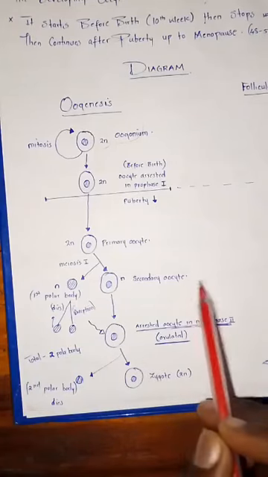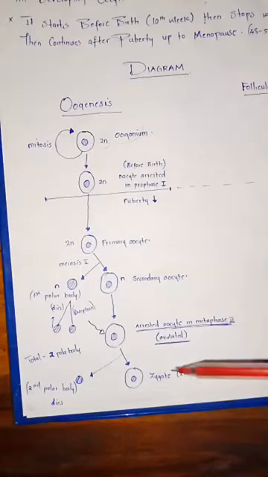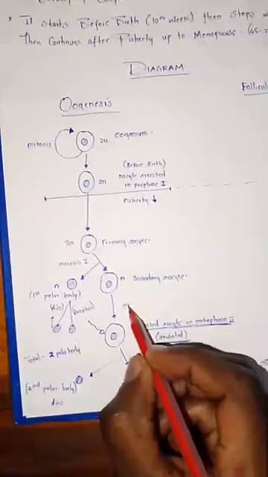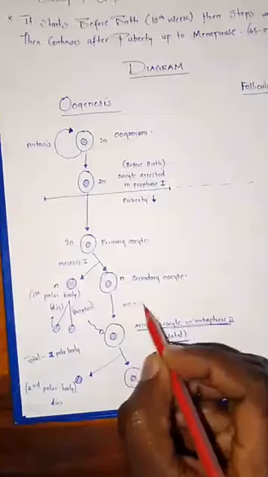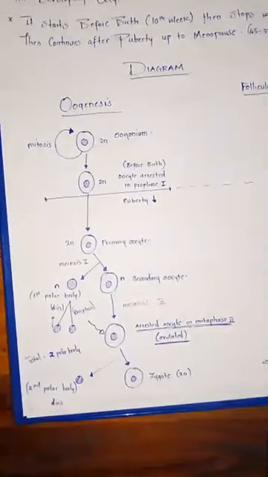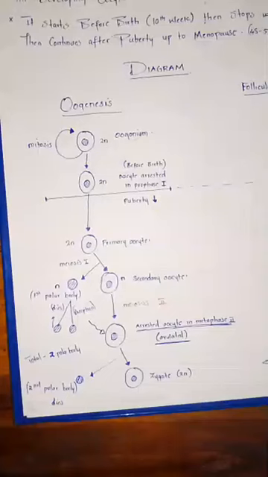That secondary oocyte that is formed then enters the next phase, which is meiosis 2. When it enters meiosis 2, it is going to be arrested at the metaphase 2 stage. The reason it is arrested at metaphase 2 is that this secondary oocyte is already matured. What is needed is just for someone to come and pay the bride price and make use of it.